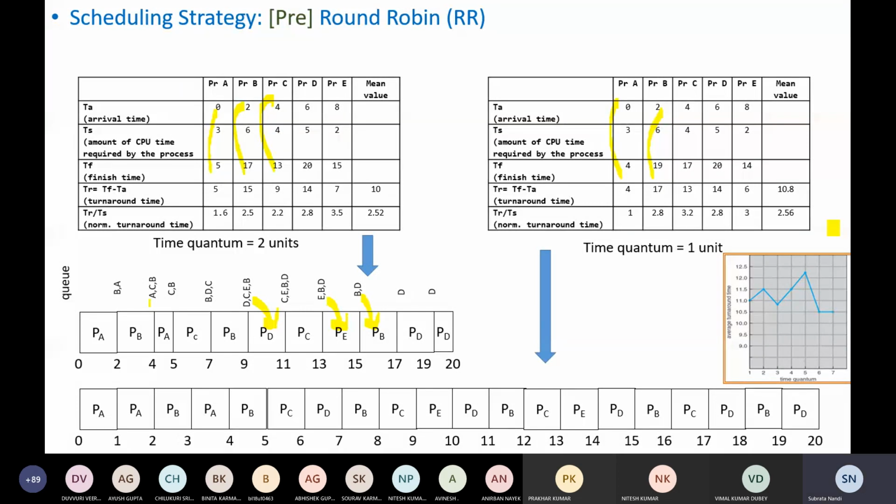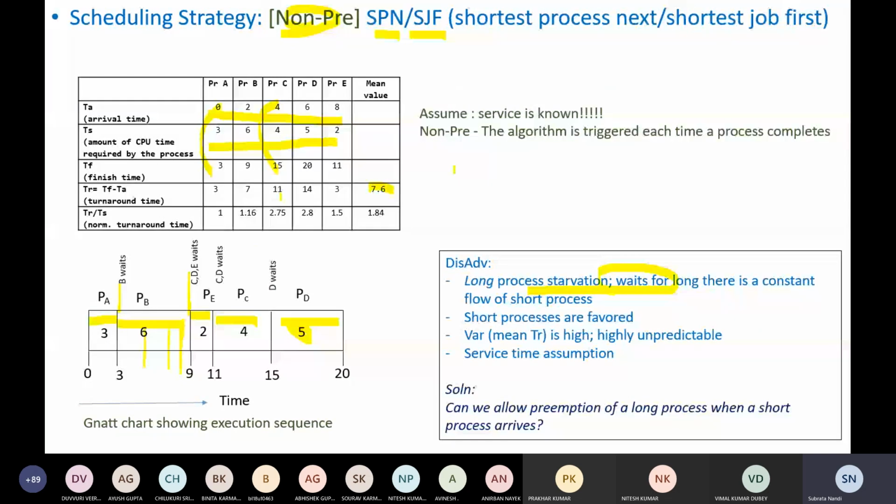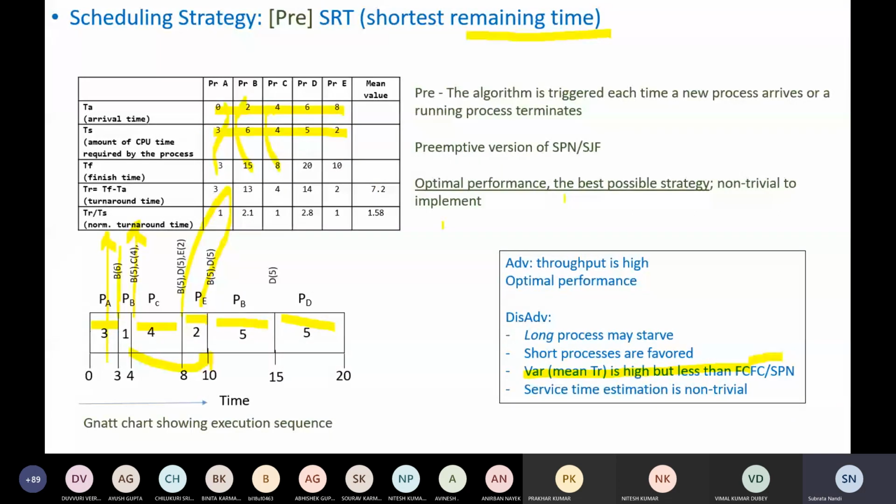Can you recall the values? Are we getting better performance using RR, maybe with time quantum 2 or 1? This is HRRN, 8 and 2.12, and for SPN it is 7.6 and 1.84, and definitely SRT should be the best because this is the ideal performance.